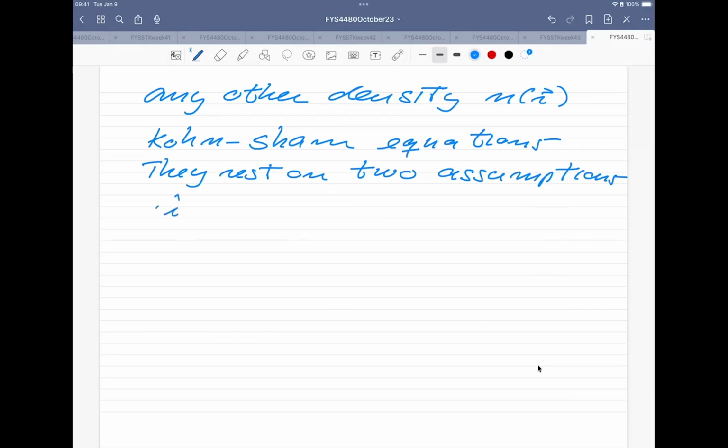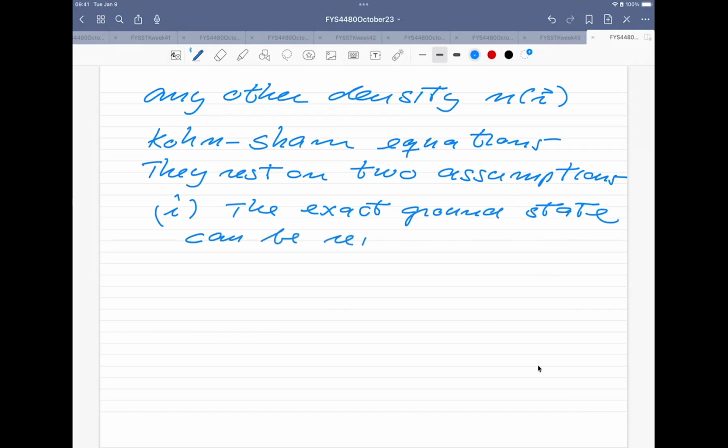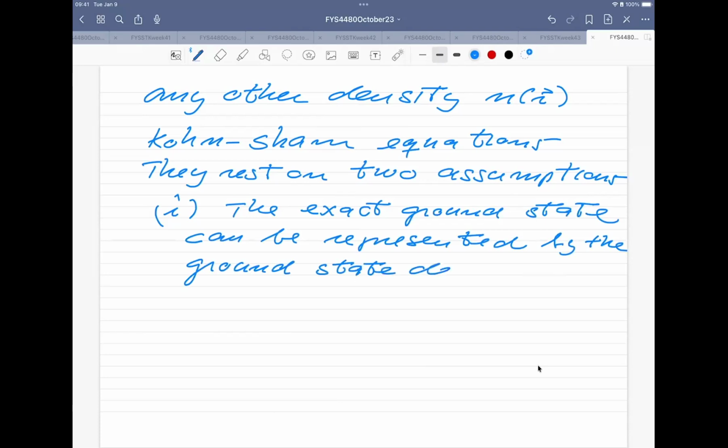One, the exact ground state density can be represented by the ground state density of another system, of an auxiliary system of non-interacting particles.